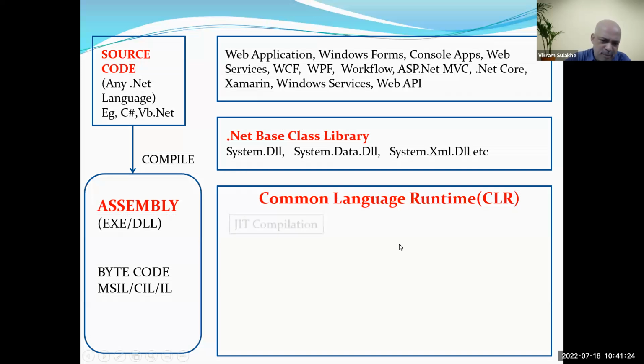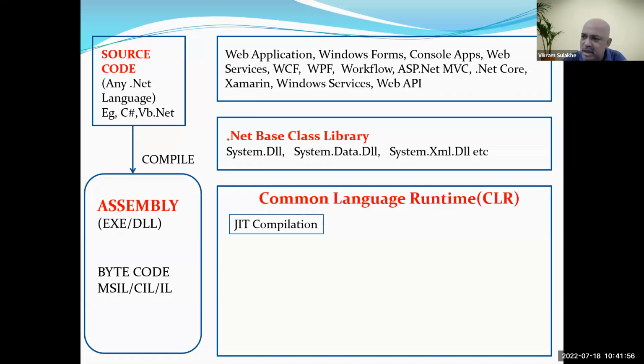First function that we are looking at is JIT compilation. JIT here expands to just in time. Just in time compilation, or JIT compilation, is the process of converting IL into native code. Remember, your code is in IL format, and to run your code, you need native code.